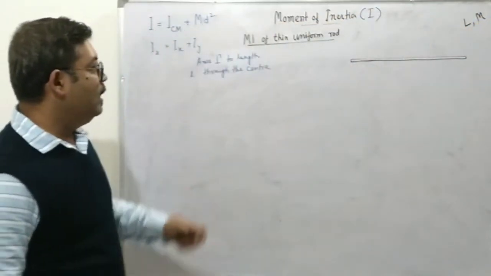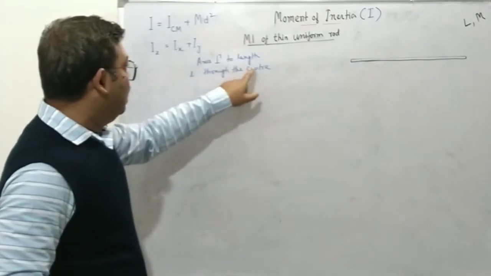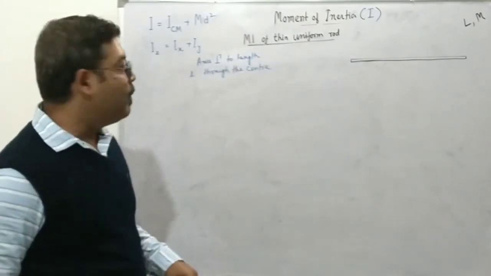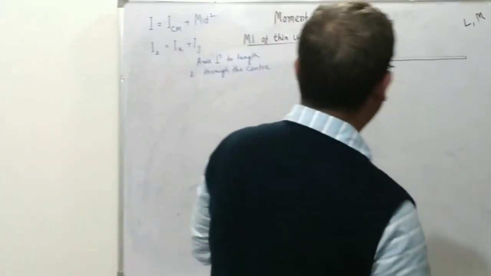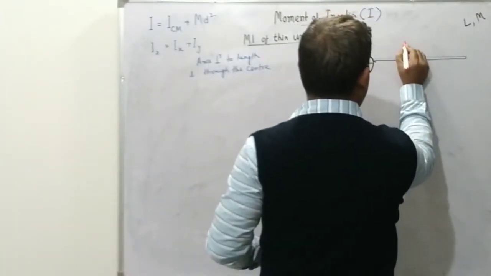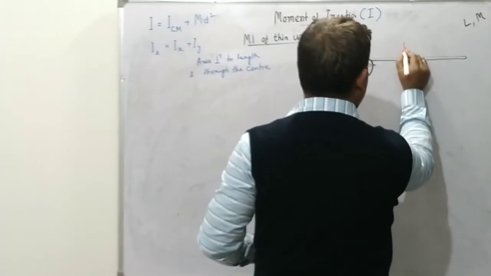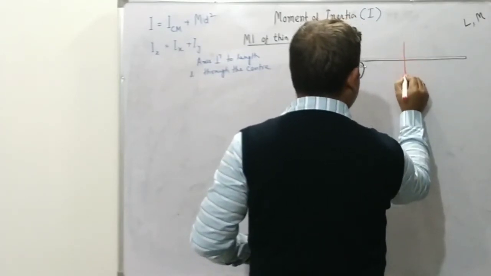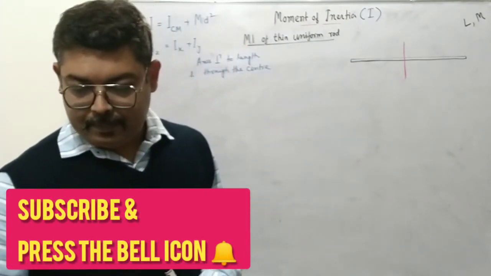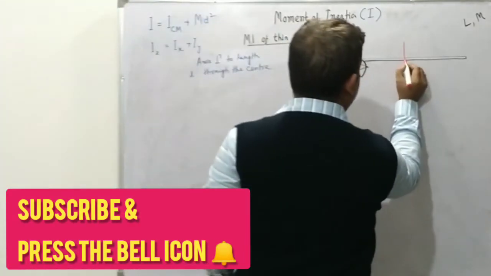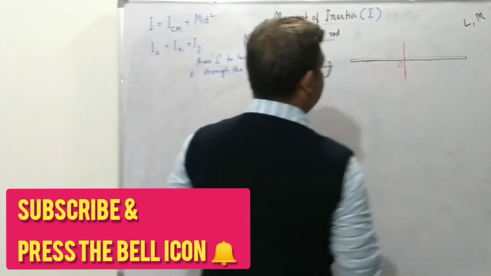We want to find the moment of inertia of this rod about an axis which is perpendicular to its length and passing through the center. Let's say this is the center, and we have an axis like this which is perpendicular to the length of the rod. Okay, let's consider the center as the origin.